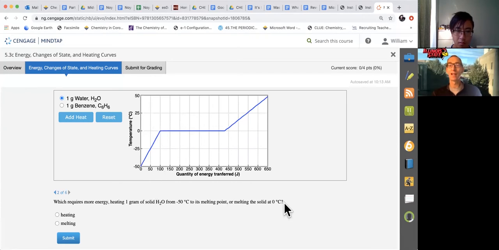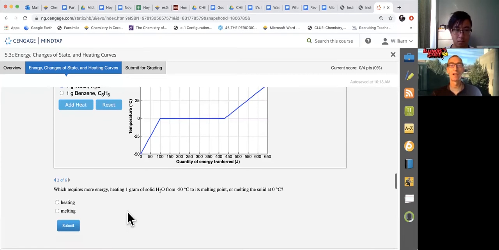Or melting the solid at 0 degrees. So doing this melting process goes from 150 over to, looks like about 425, 430, something like that. So this is 330 joules to melt the solid, 100 joules to heat the solid. So which requires more energy? I'm going to say the melting requires more energy.